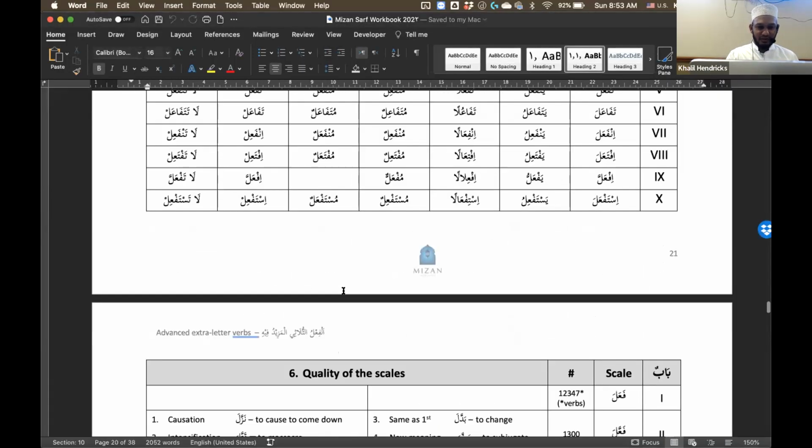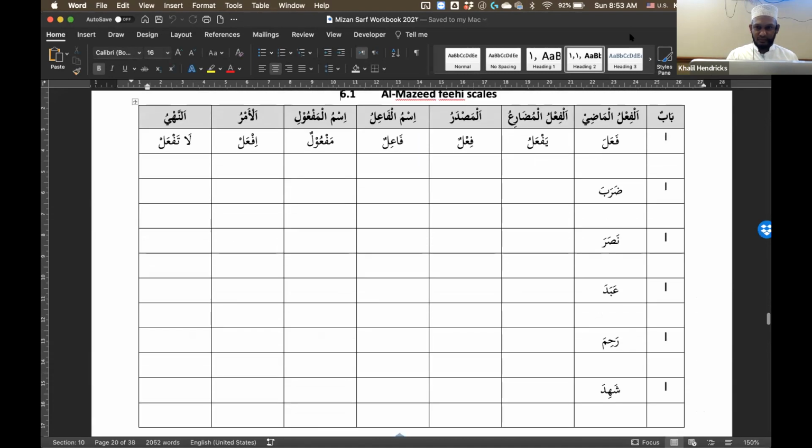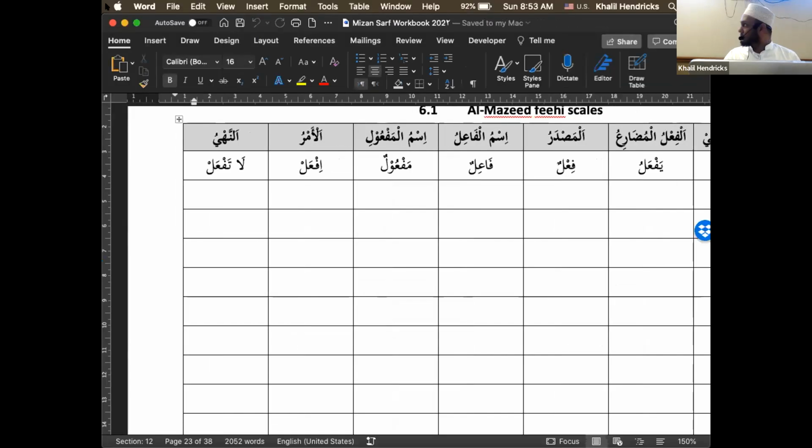Okay, Bismillah. So, okay, so let's start with, okay, so if you can take out your table and just quickly remind me what all the headings mean on the table.